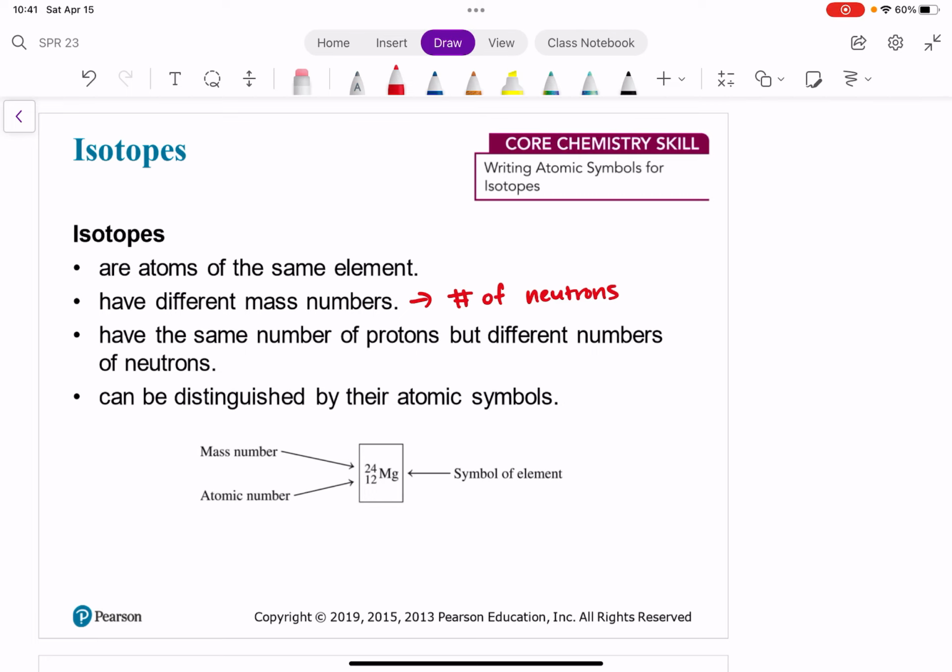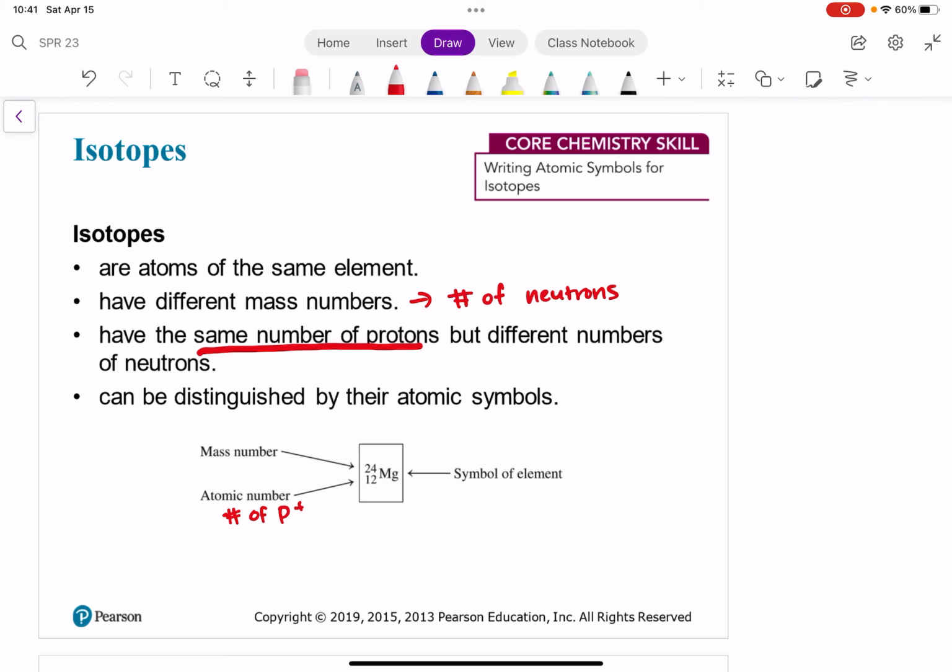So it's a little bit more specific to think of it that way. They're the same element, and they have the same number of protons, right? That's what makes the element. Remember, that's the fingerprint of the element, the atomic number, so number of protons, P plus.